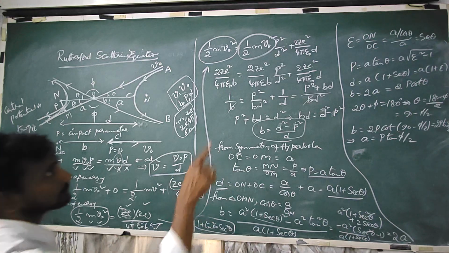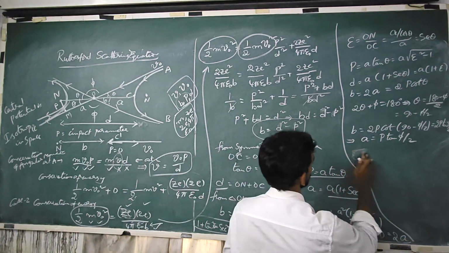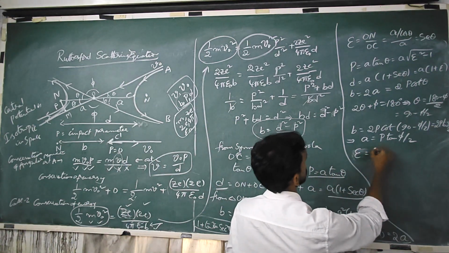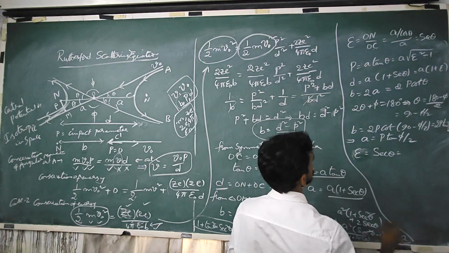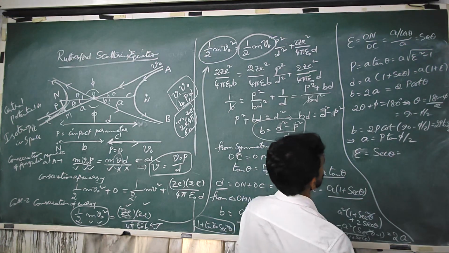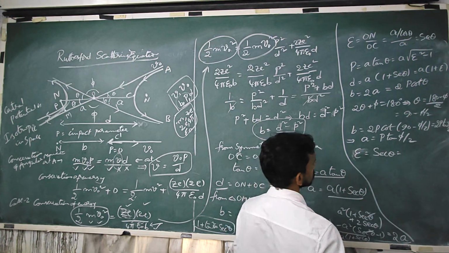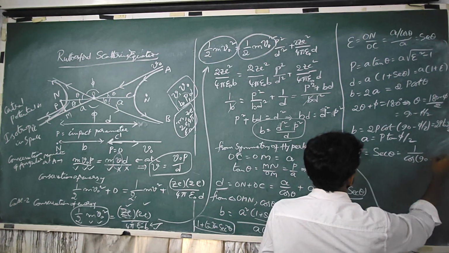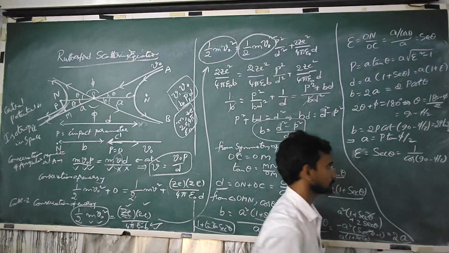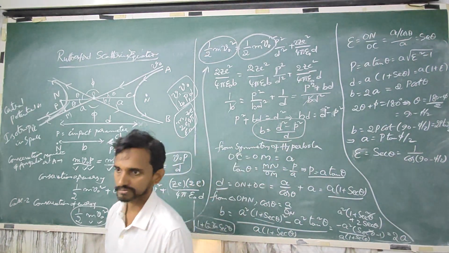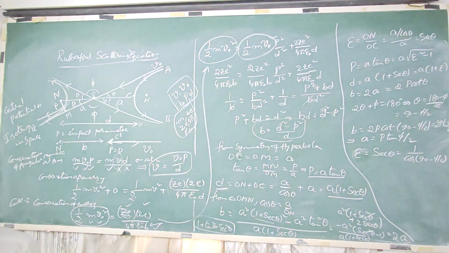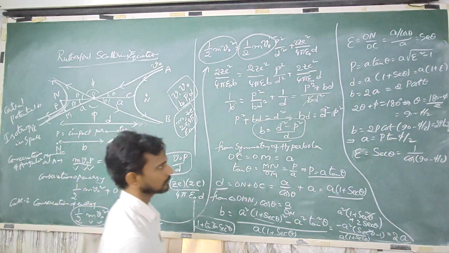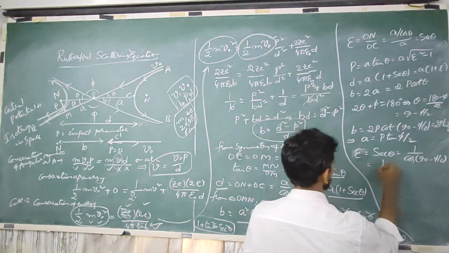So using this, what do you get for epsilon? Epsilon is equal to secant theta, so 1 by cos of 90 minus phi by 2, which is 1 by sin phi by 2.